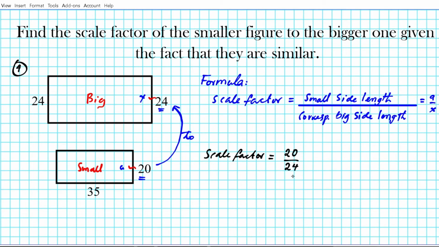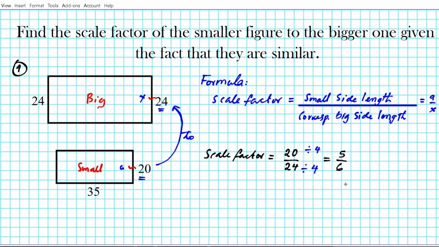This can be simplified. What is the biggest number that goes into 20 and 24? It's 4. 20 divided by 4, 24 divided by 4, gives us 5 over 6. So the scale factor in fraction form is 5 over 6.